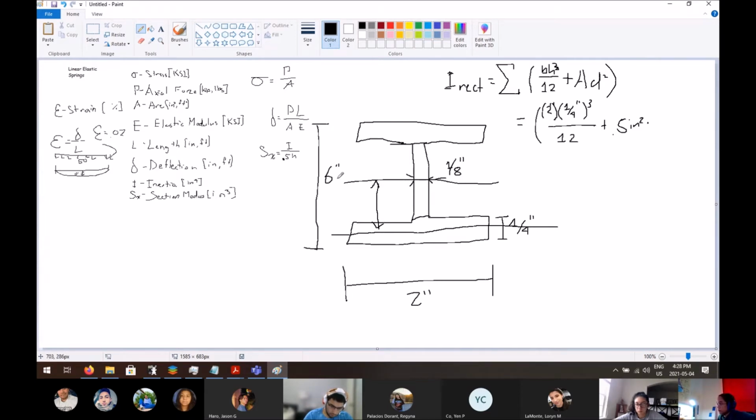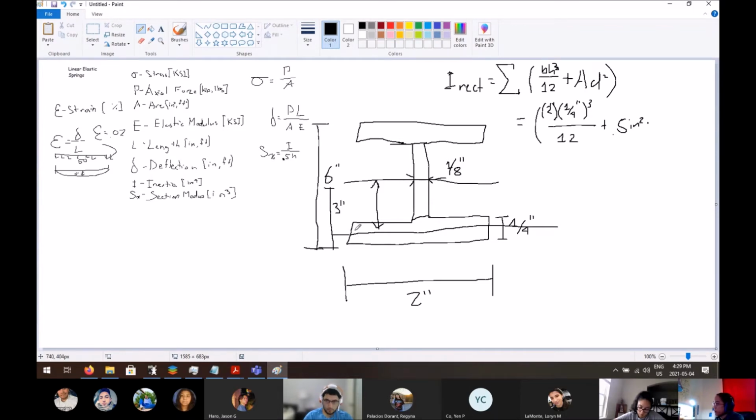Well, we know this entire span is 6 inches, right? So we know this span right here is 3 inches.